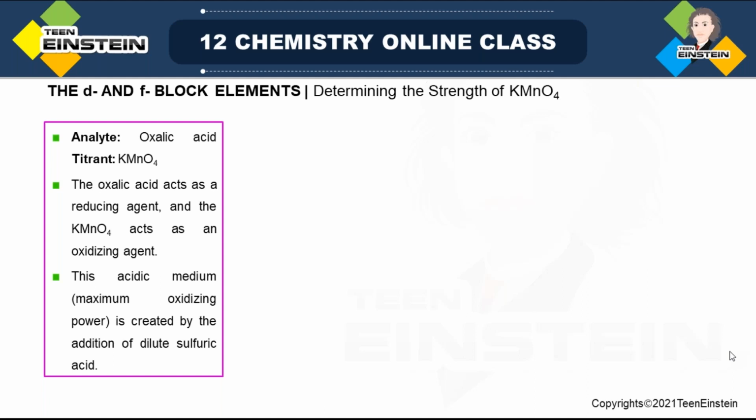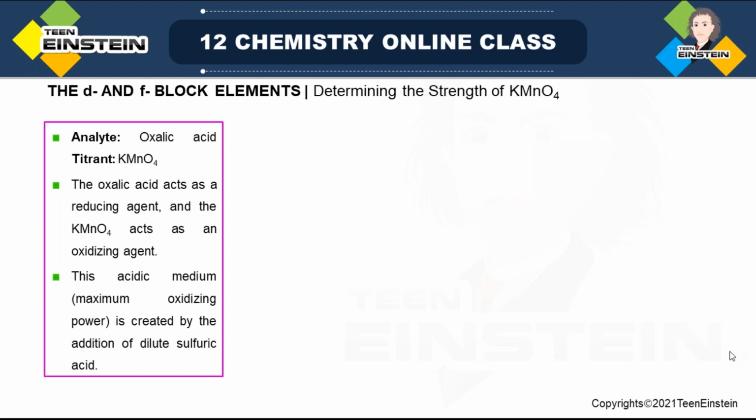So KMnO4 is such a type of solution where the concentration changes with time. That is why, just before this estimation, supposing you are doing the analysis of Fe2 plus using KMnO4, you have to know properly the exact strength of KMnO4. Okay, so how to do it?